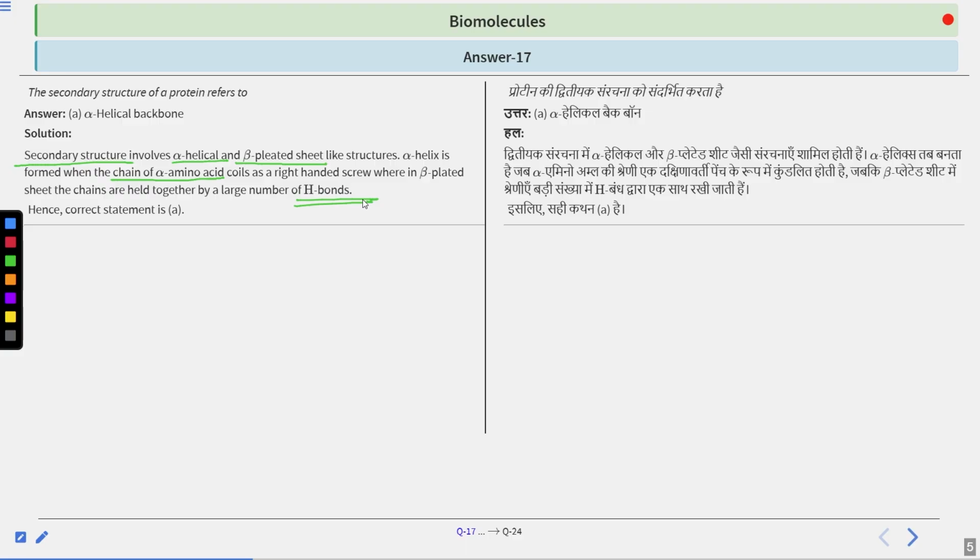That's why the correct statement is A, that means alpha helical backbone.